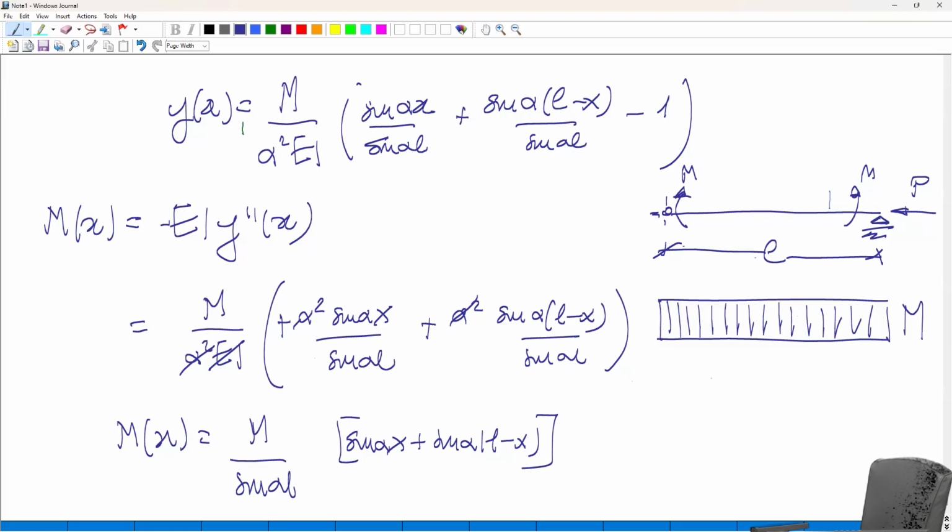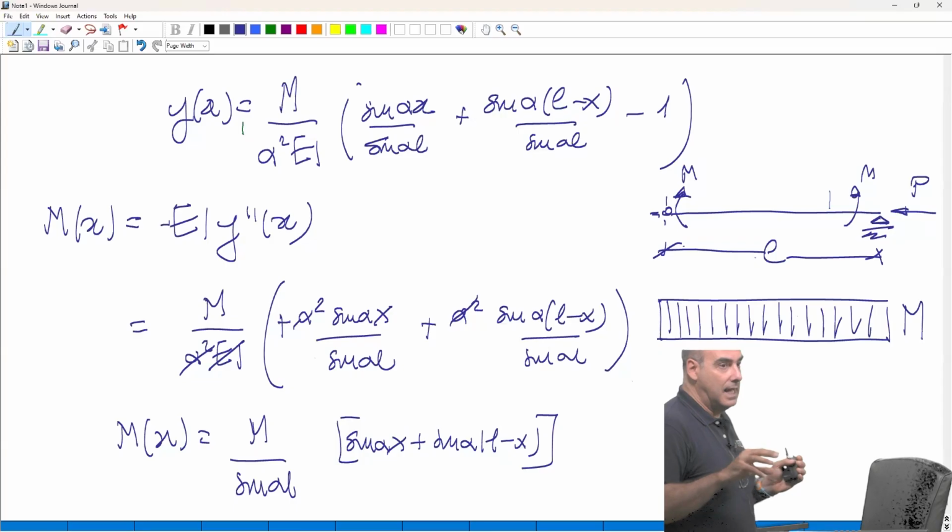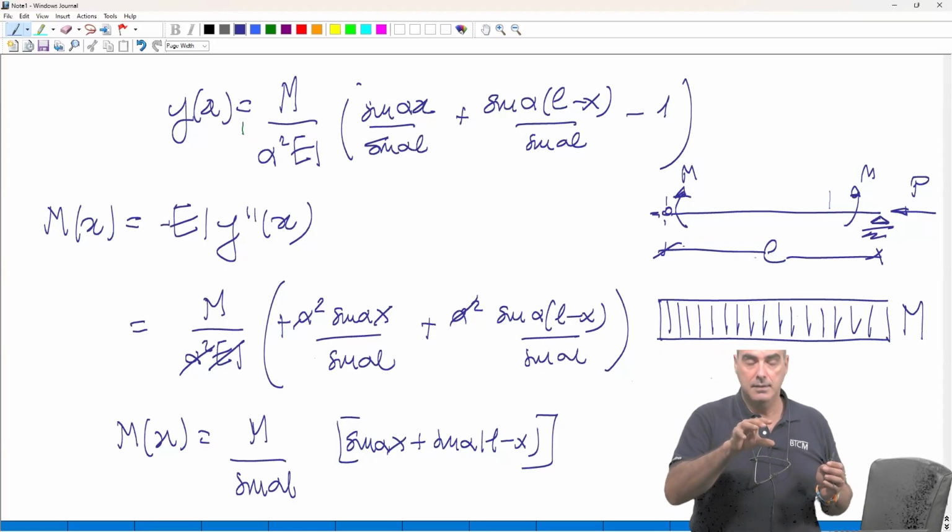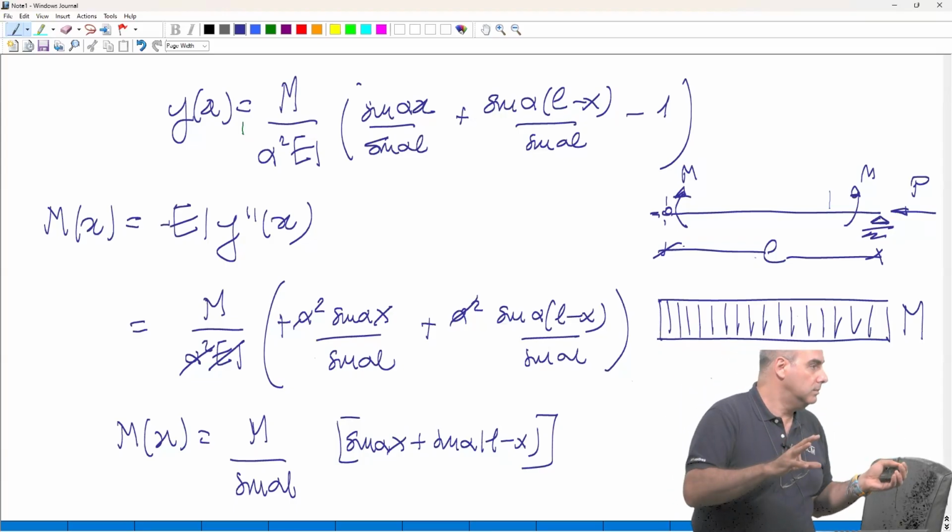I don't care how this function goes overall. What I care about is the 0 to L span, which is my domain of interest. I'm not interested in minus infinity to infinity. In this domain, does a local maximum or minimum point exist?